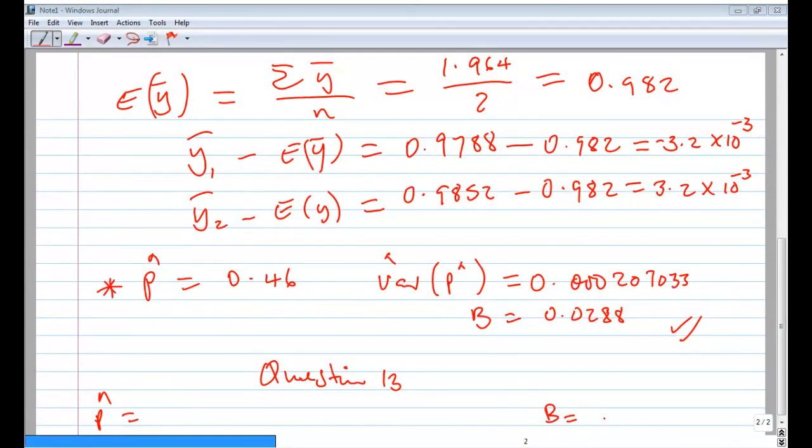Somebody says the bound is 0.095. So you got 0.095 for a bound.